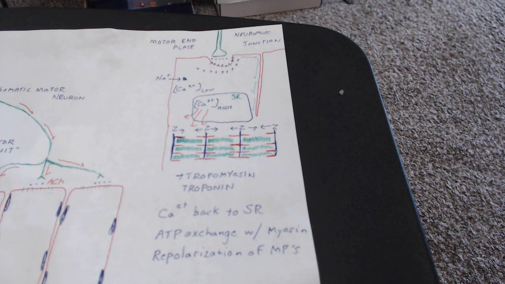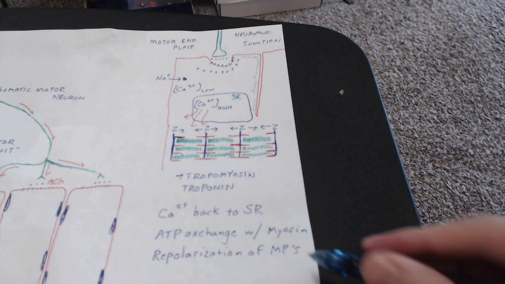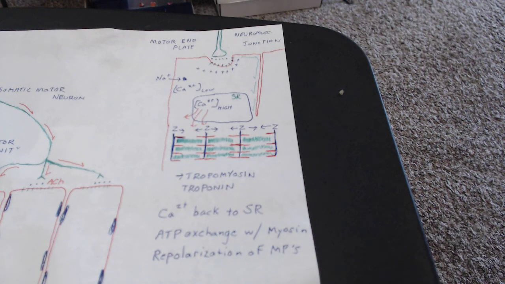You want to get the muscle fiber back to the resting membrane potential, because as we saw with neurons, if there is too much potassium in the extracellular fluid, that hyperpolarizes the neuron, hyperpolarizes the muscle fiber, and it's going to make action potentials and sustained contractions that much more difficult to do.